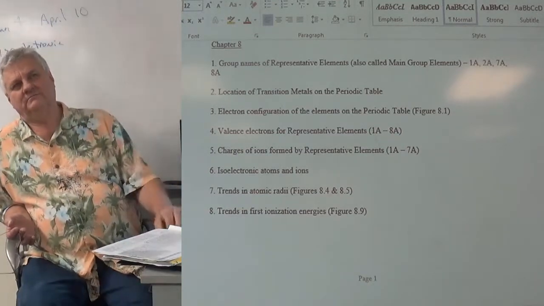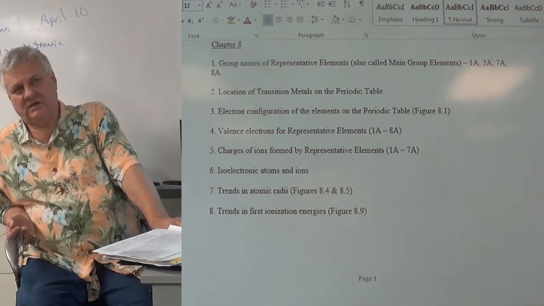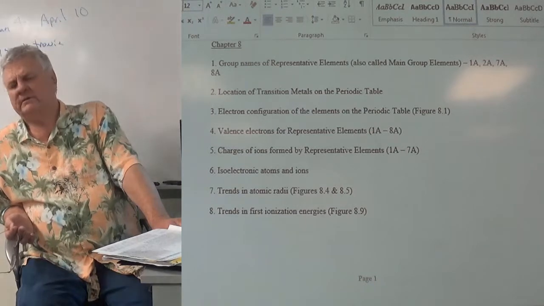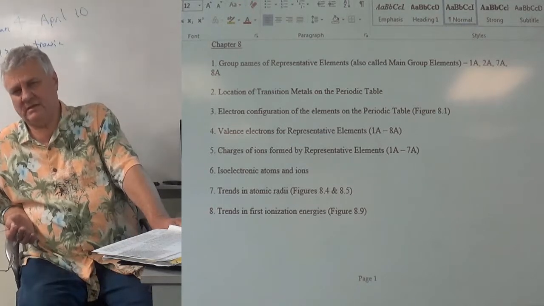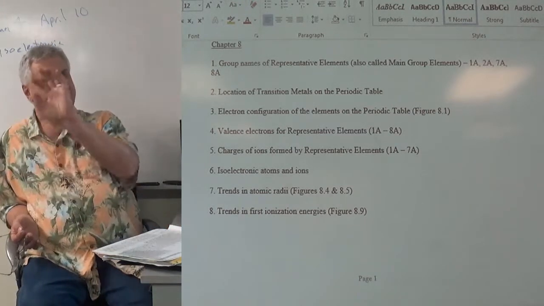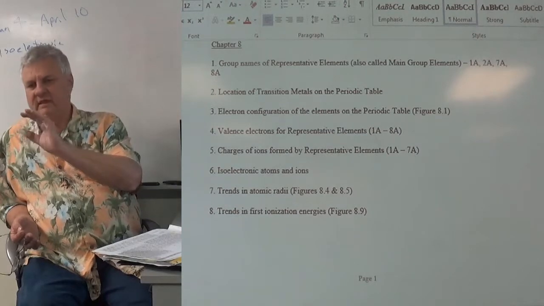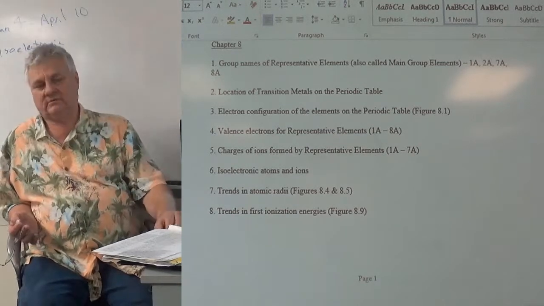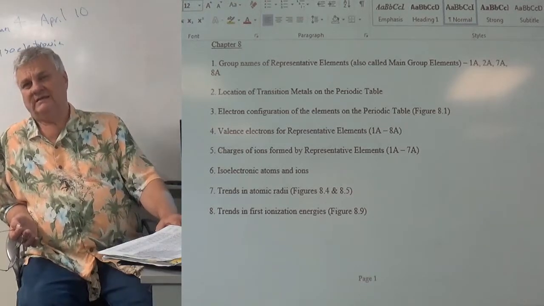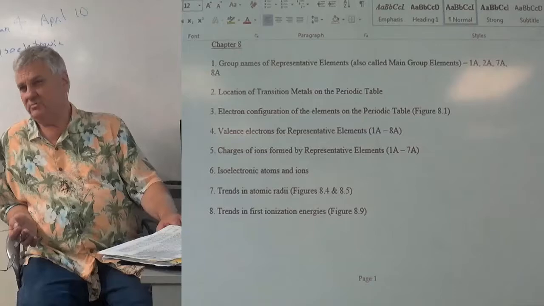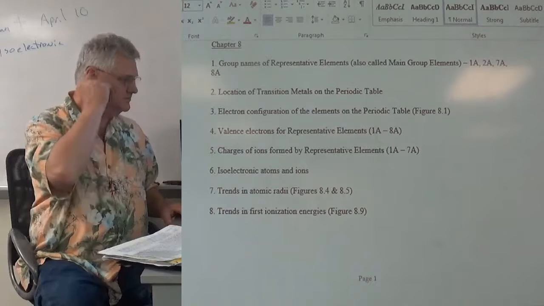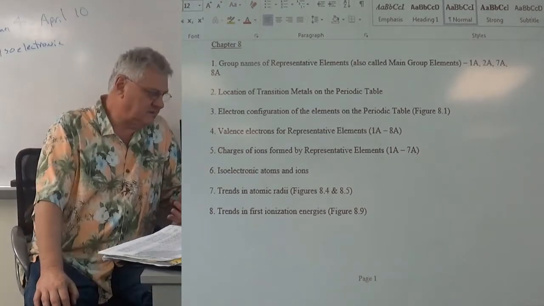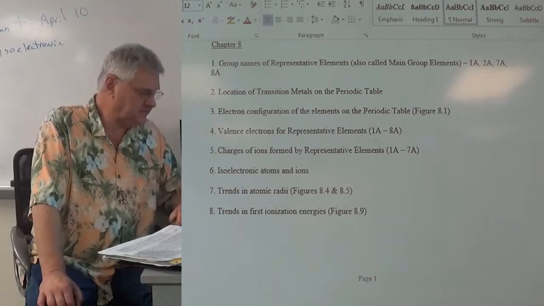When transition metals form ions, the electron configuration is not necessarily isoelectronic. But there's no question on the exam about the ions of transition metals. So for the main group representative elements, if they gain or lose electrons, the electron configuration is the same as an atom of the nearest noble gas, usually. Make sense? Isoelectronic means they have the same number of electrons. If it's a main group element, they have the same electron configuration.